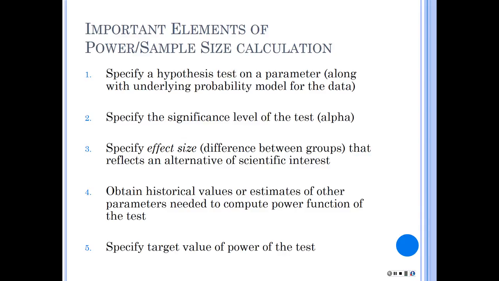So if it's a mean with continuous data, what are those historical values, or if it's proportions. Again, this will be determined by that literature search or background research. Next, you're going to want to specify the target value of your power. Typically, we think of this as 80% power.